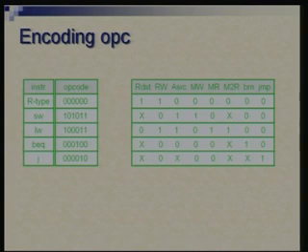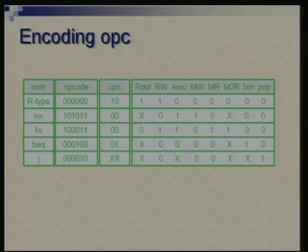So we need 2 bits to encode those 3 groups, and we'll put in another column here which will define this. Arbitrarily let us choose some code. R type is 10, SW is 00, so is LW, BEQ is 01, and jump is don't care.